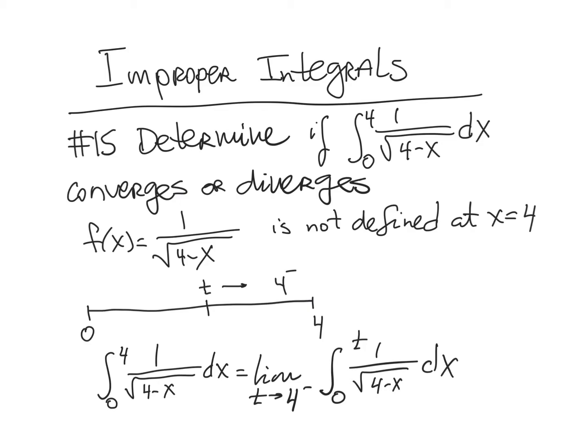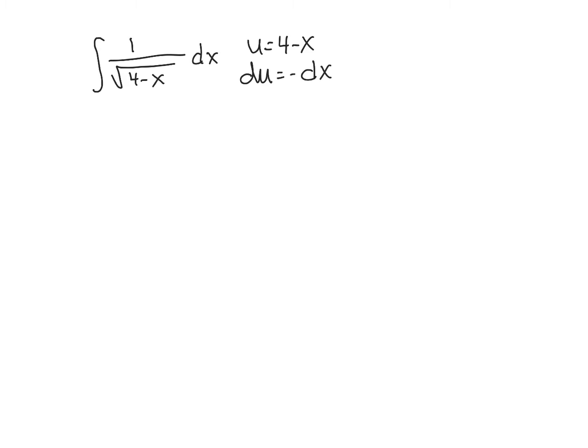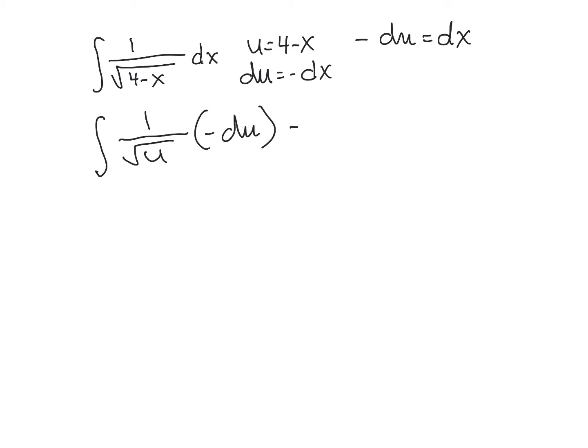So one method is to find the antiderivative of 1 over square root of 4 minus x. And we can do that using pretty simple u substitution. Just let u equal 4 minus x. du is negative dx, or negative du equals dx. We'll replace dx. So in variable u, the integral becomes the integral of 1 over square root of u times minus du, which is a basic integral.